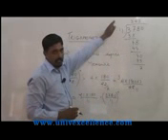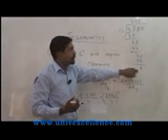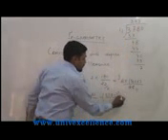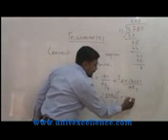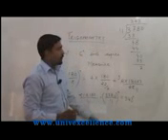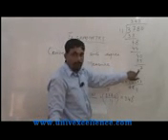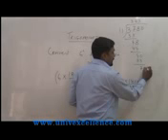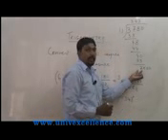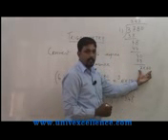Quotient 343, remainder 7. Now what we do, this 343 gives you degree, 343 degree. Now whatever remainder you have, you multiply it by 60 to convert degree into minutes.